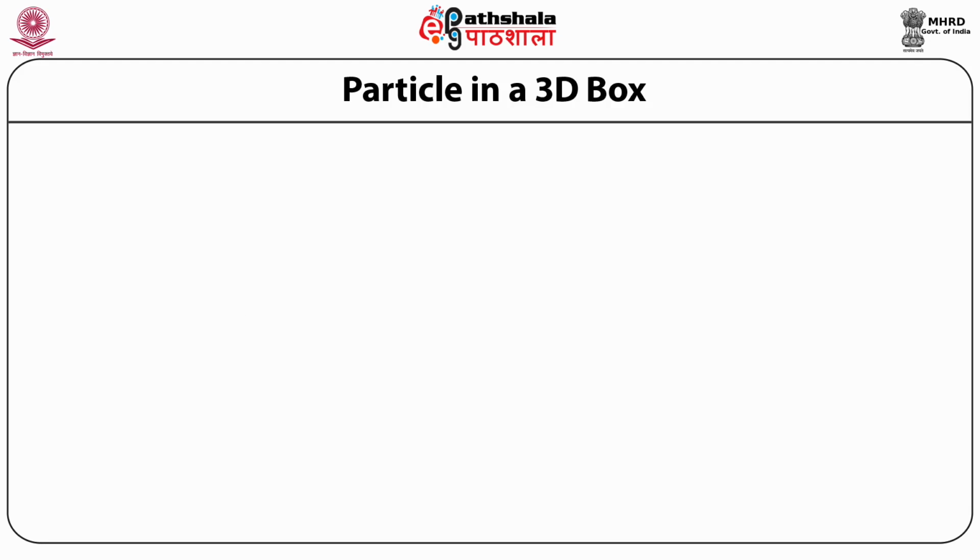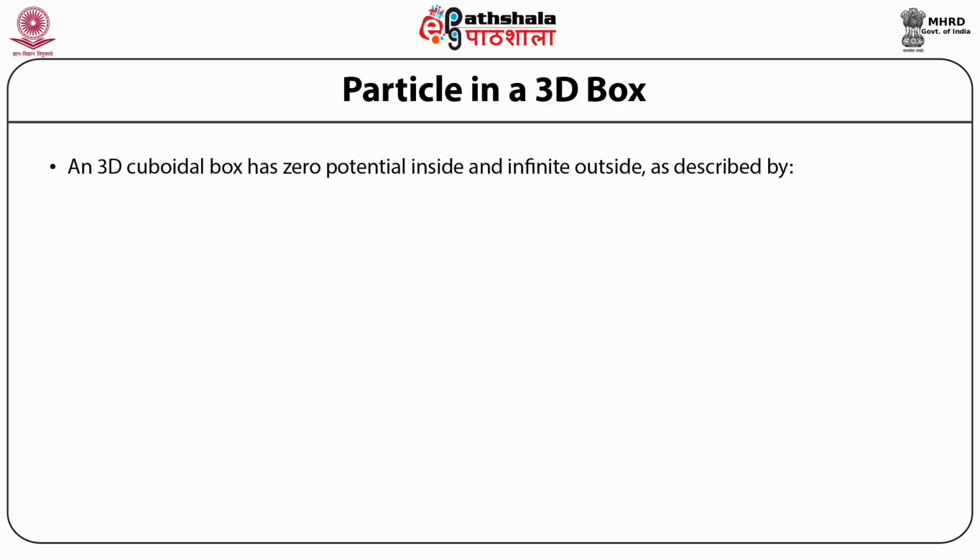Now students, let us consider a particle in a 3D box. So first, here we will be discussing the particle in an infinite cubical box. So let us consider a general case, that is a box with the dimensions a, b and c, and the potential is given by the following.